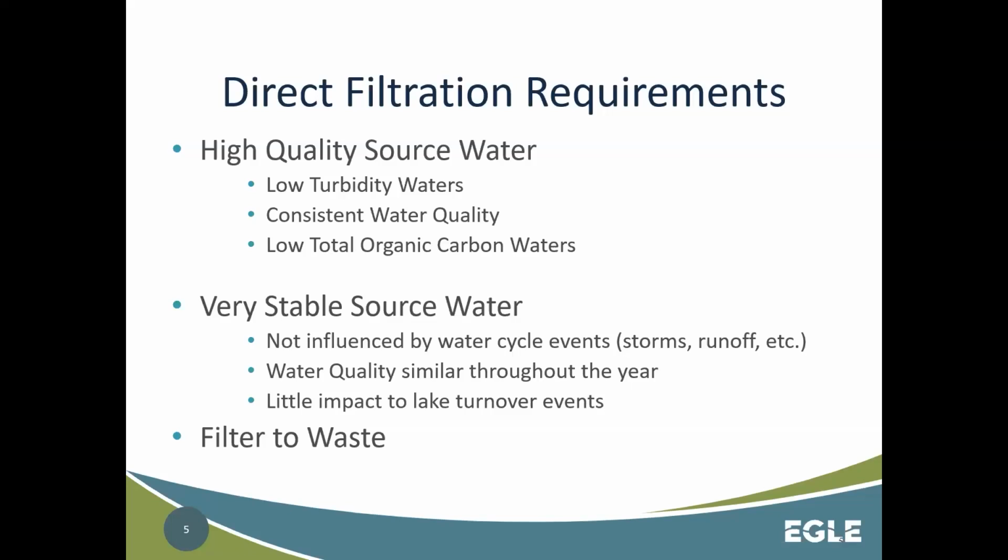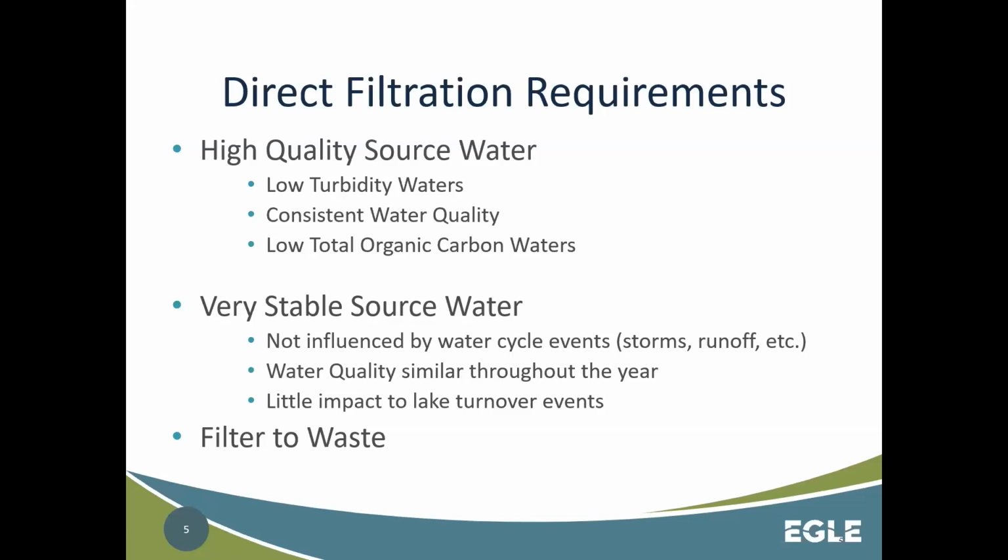And in terms of low turbidity waters, that's a relative term, right? So what we mean by that, I think 10 state standards says consistently below 10 NTU coming in your source water. So even on a bad day, your water comes in less than 10.